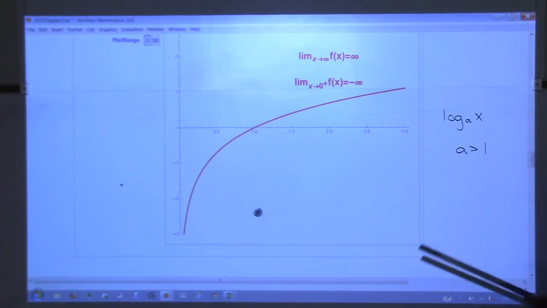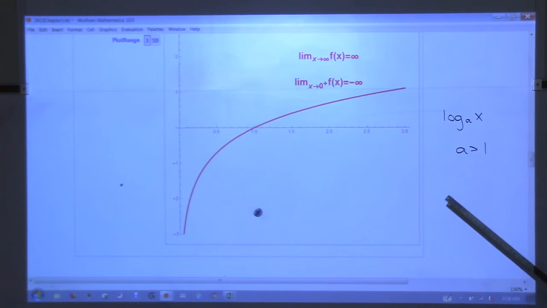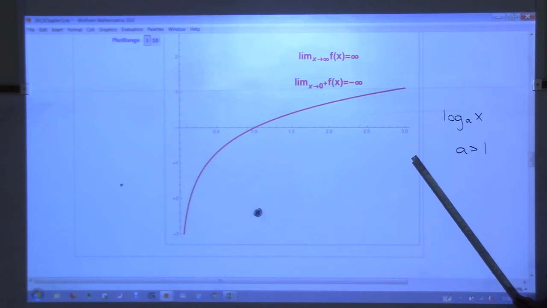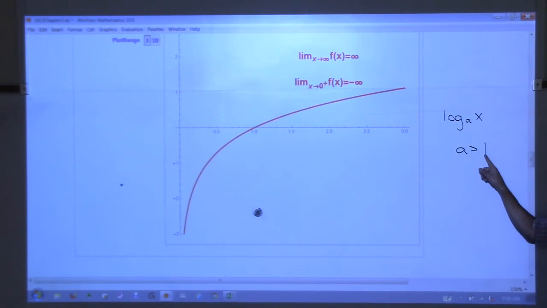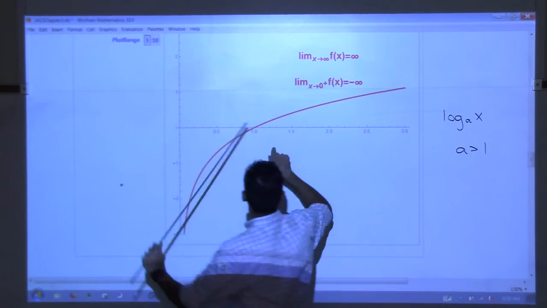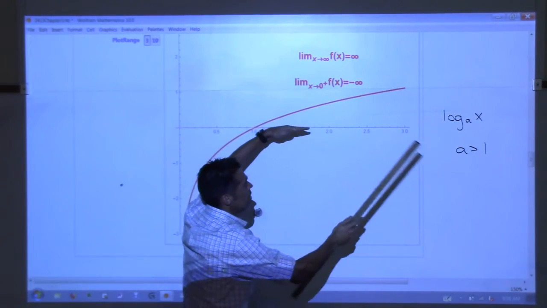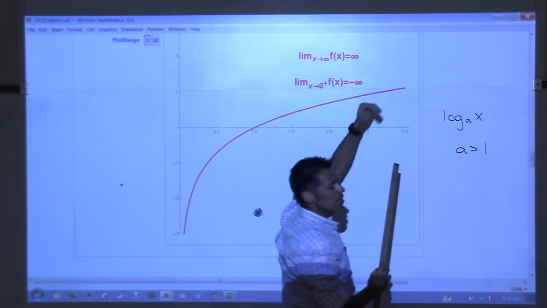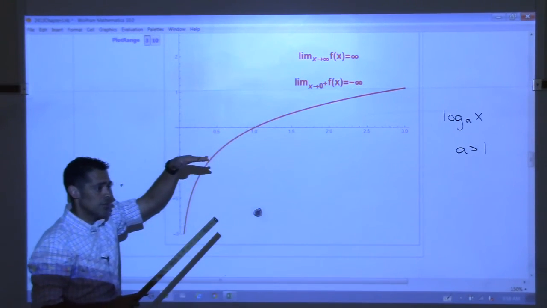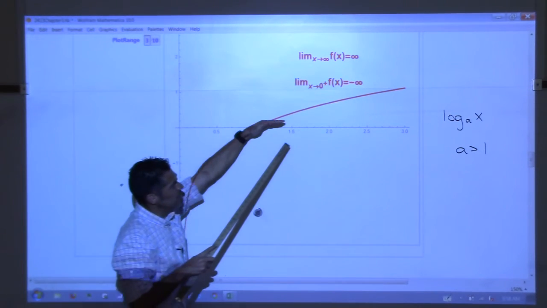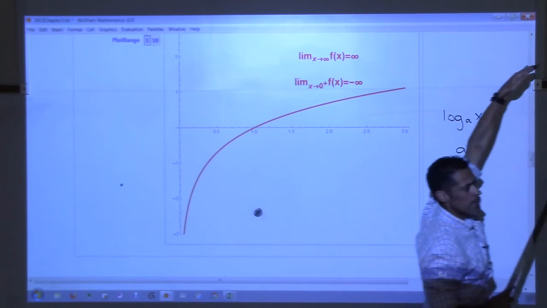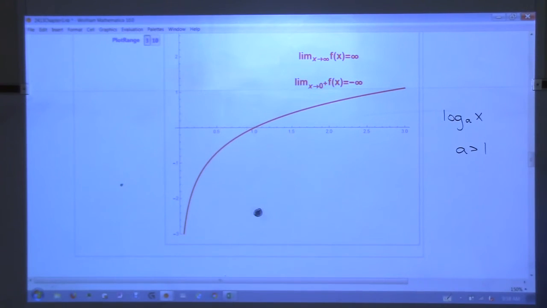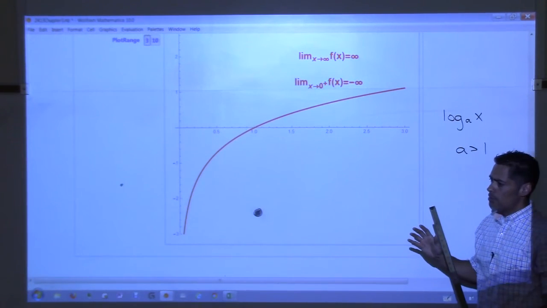I will stress this as much as I can. This is your basic logarithmic function, right? With base bigger than 1. As x goes to infinity, where does this function go? It goes to infinity. Now, it doesn't grow as fast as an exponential function, but it does grow. So if I continue going out here, I'm going to continue going up and up and up, and it's going to go to infinity. All right? Just slowly, but it will go.